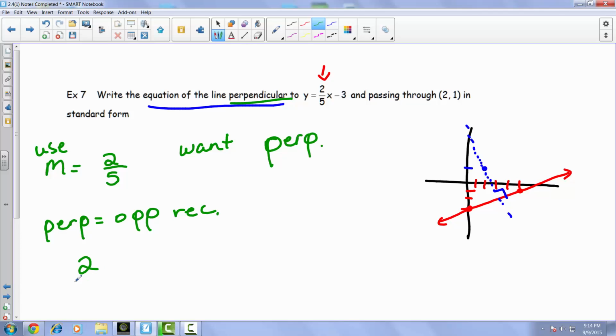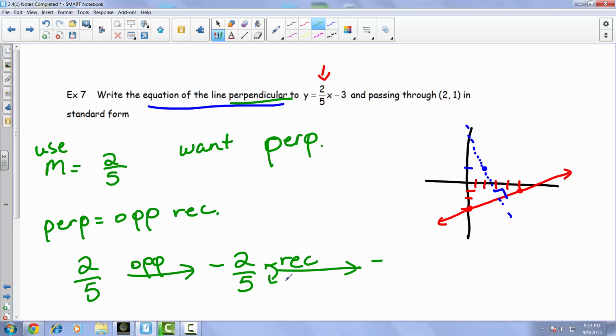So we have 2/5 as our slope. We first have to take the opposite. So the opposite of 2/5 comes out to be -2/5. Just pretty much take the opposite sign. Now comes in the reciprocal, and that's pretty much where you just flip these two numbers. So we end up then with negative still. Now flipping these numbers, we end up with 5/2.